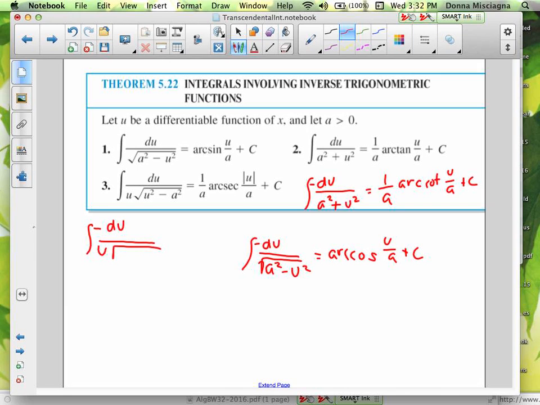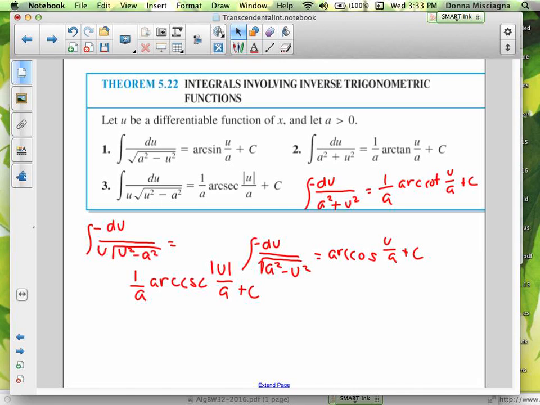Because this will be a positive number, the absolute value bars are likely not to be there. Okay? So then the negative would just be 1 over a arc cosecant, but you include the absolute value bars, u over a plus c, if that's a variable. Okay?